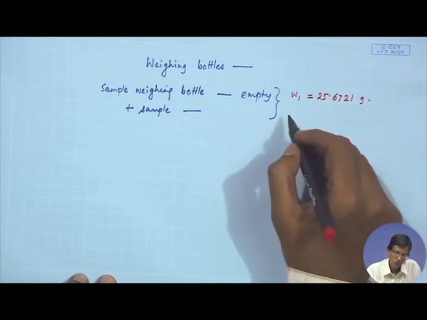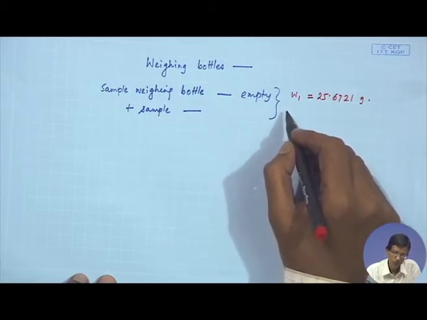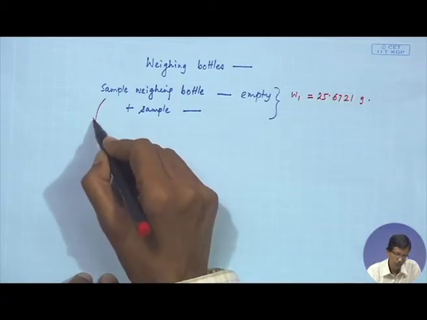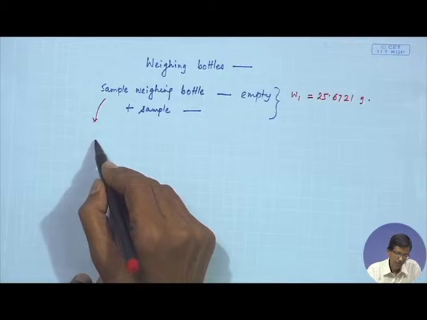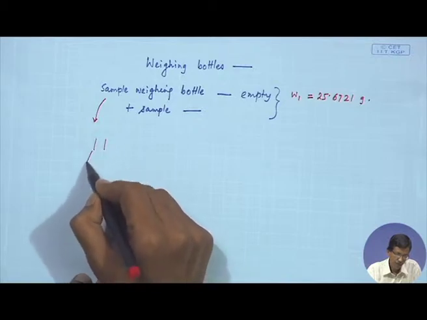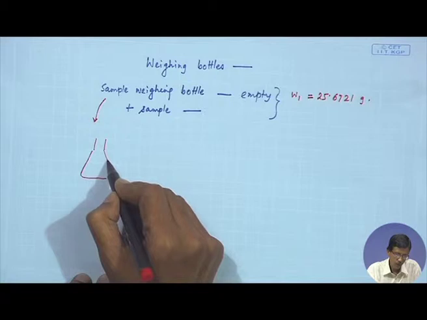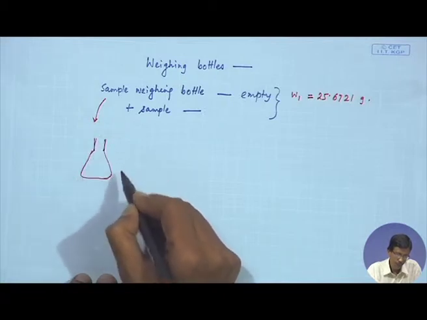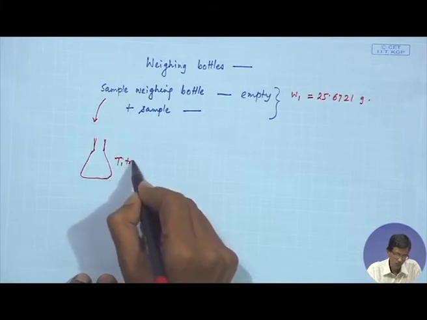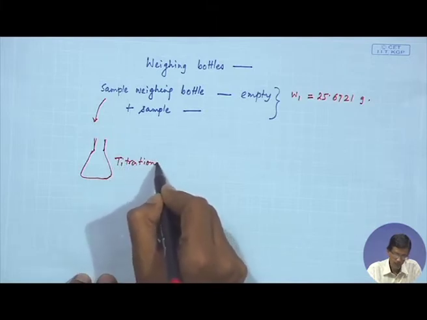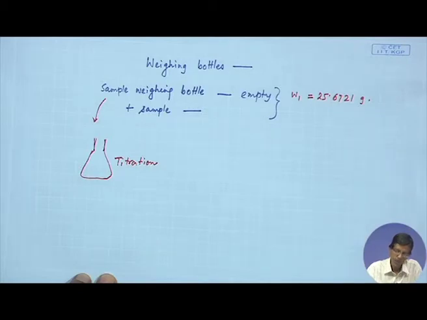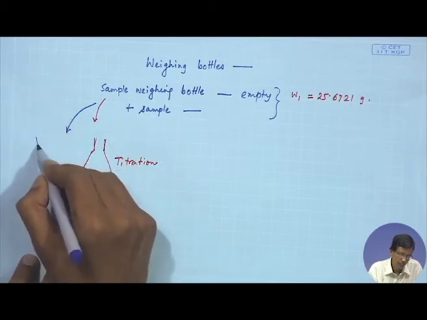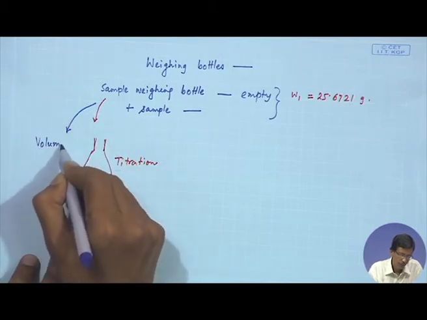Then what we do is, without introducing anything in between, we want to transfer that particular sample directly to the reaction vessel or the conical flask, where we can go for titration when we go for titrimetric analysis, or we can use that directly for the solution preparation in a volumetric flask.